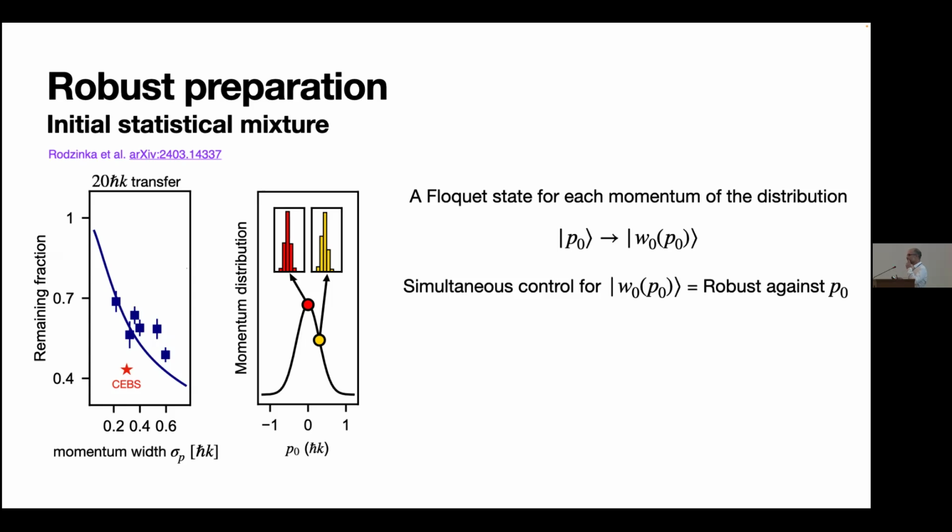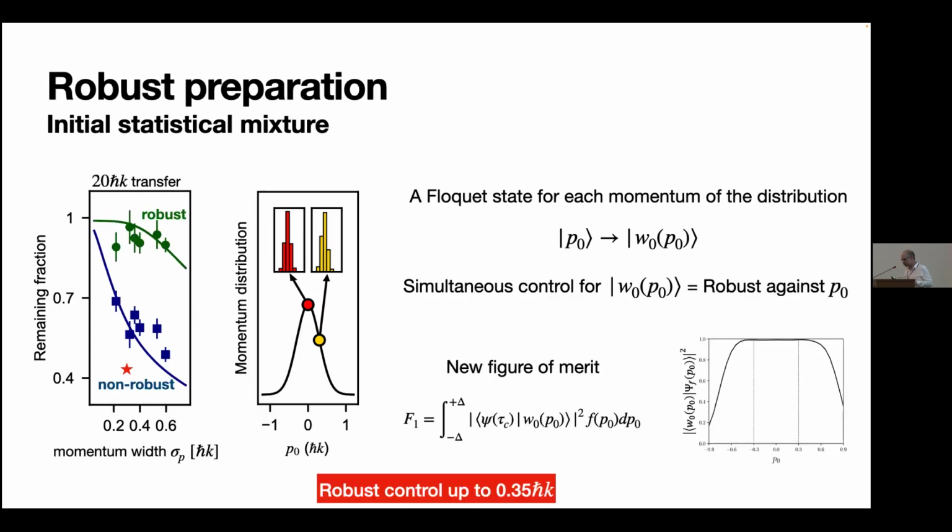And it's not trivial at all, because you have only two controls: the amplitude and the frequency of the lattice, and you have to prepare an infinite number of states. So this is what in the community of optimal control they call robust against something, and here we want to have a protocol which is robust against P0.